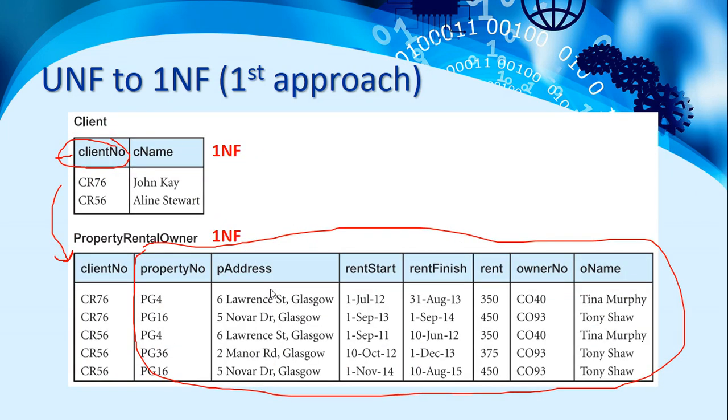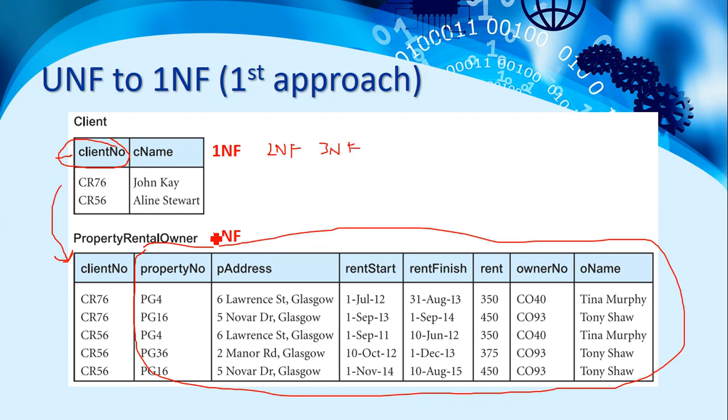Kung first approach yung gagamitin, no? So this time, itetest mo yung dalawang table na to. Yung client na to, if pwede, if this is already in second normal form, tsaka third normal form.